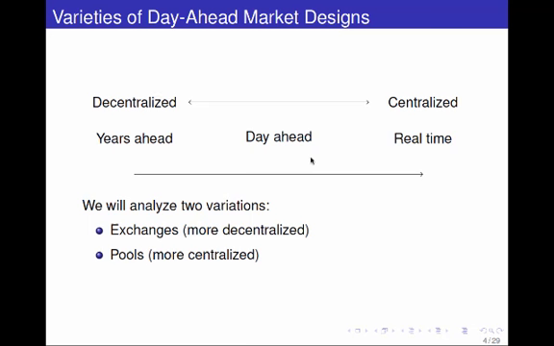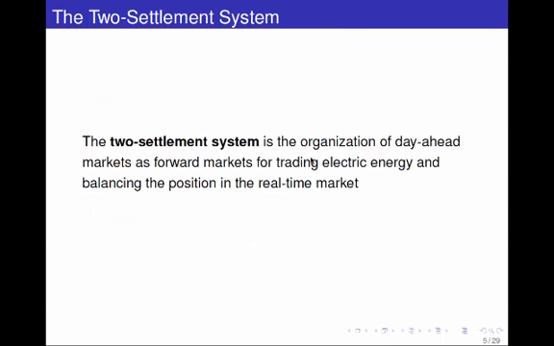And we will see two versions of this. One is more decentralized, it's called an exchange, and the other is a pool, which is way more centralized. Europe is going with exchanges, the United States is working with pools, and we'll see how they're different in terms of what prices they produce.